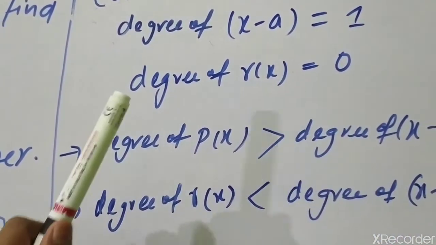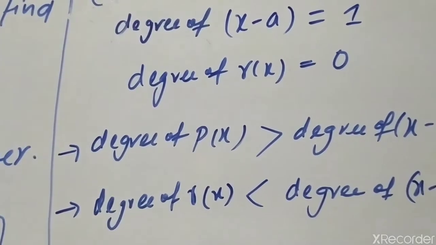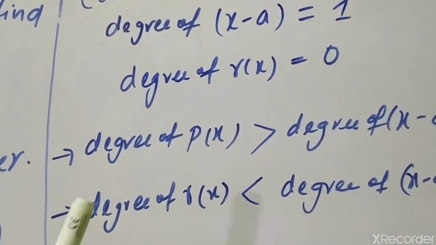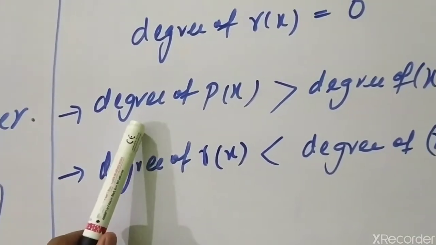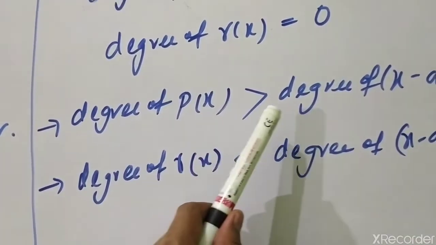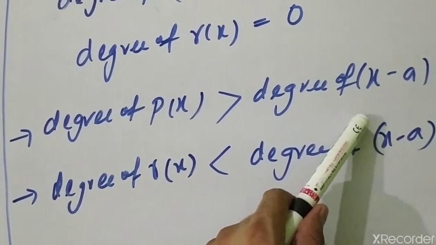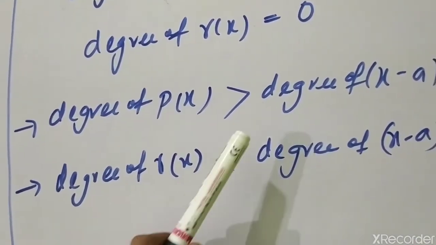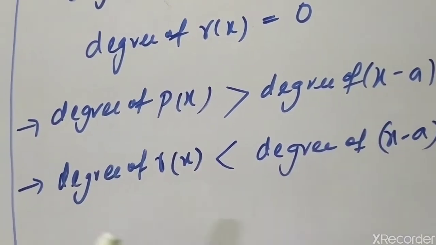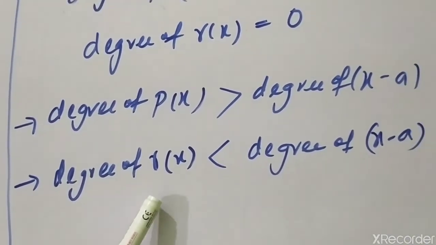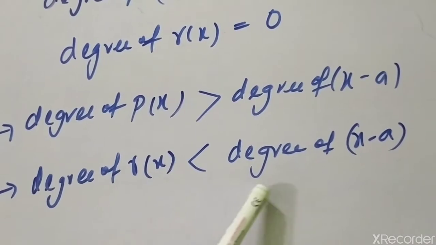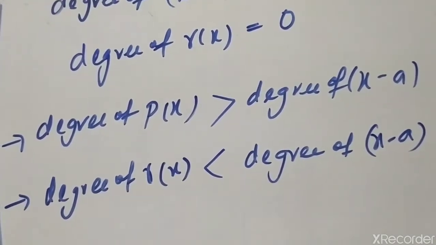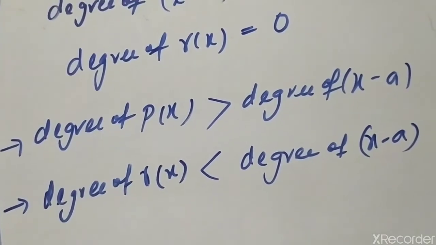The degree of p of x is always greater than the degree of x minus a, and the degree of r of x is less than the degree of x minus a. It means it follows the same general rule.